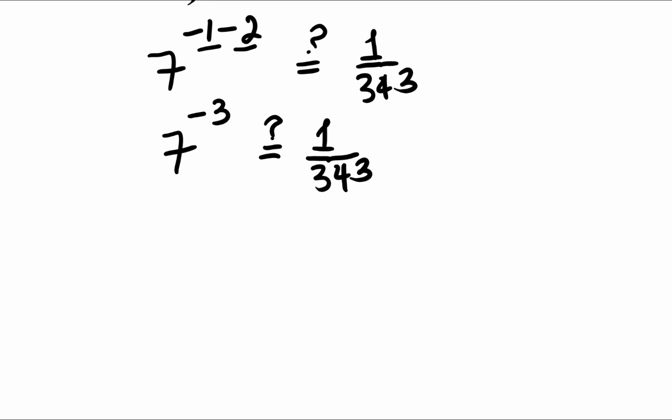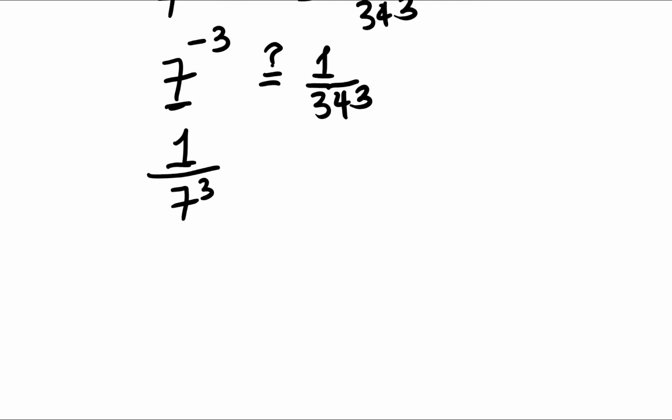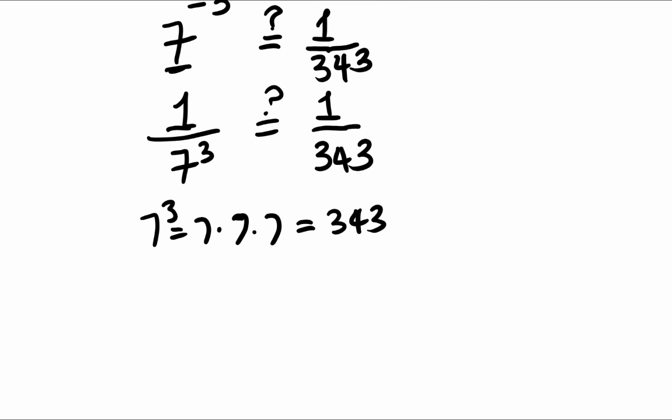We can rewrite 7 raised to minus 3 to become 1 divided by 7 raised to power 3. And if we multiply 7 three times, because that's what 7 raised to power 3 means, 7 times 7 times 7, this is equal to 343.